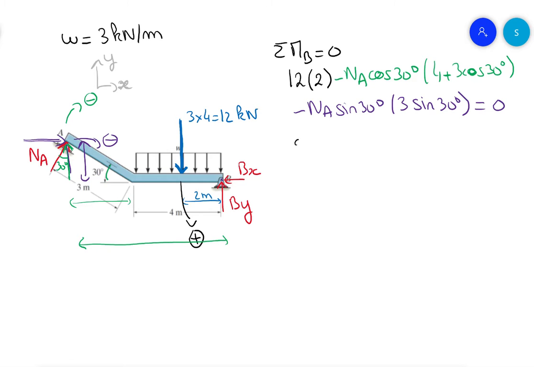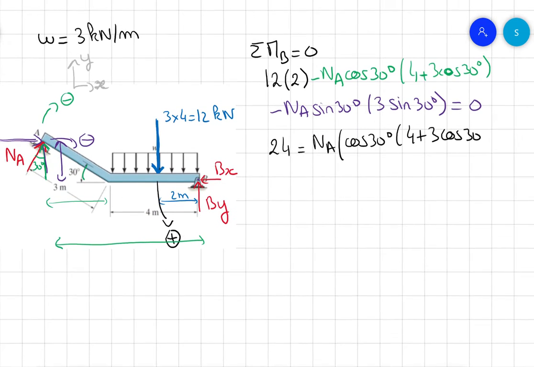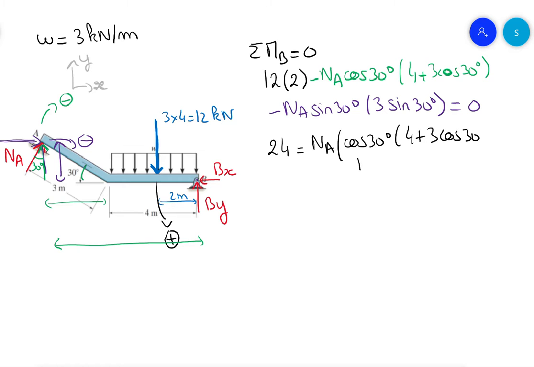So we have 24. That is equal to, I will factorize by NA. So we have cosine 30 times 4 plus 3 cosine 30. And that's inside the NA. I switch both on the other side. So that's plus everywhere. So plus sine 30 times 3 sine 30.